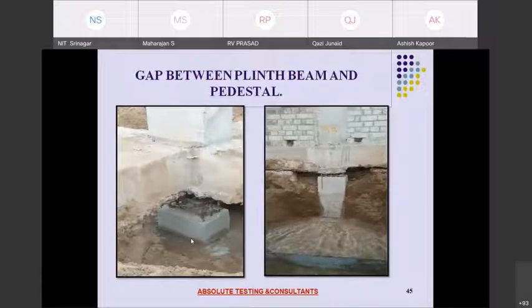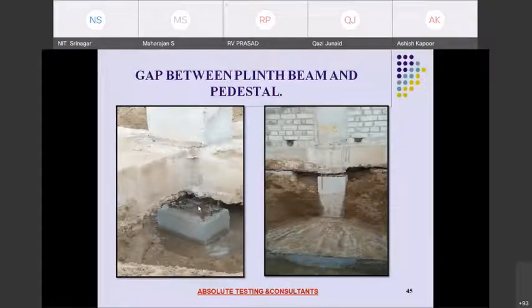The bottom is the foundation. From the foundation, the lower portion is called the pedestal, and between the pedestal and plinth beam you can see there is a gap. So technically your structure is resting on the reinforcement bars only; there is no concrete there.